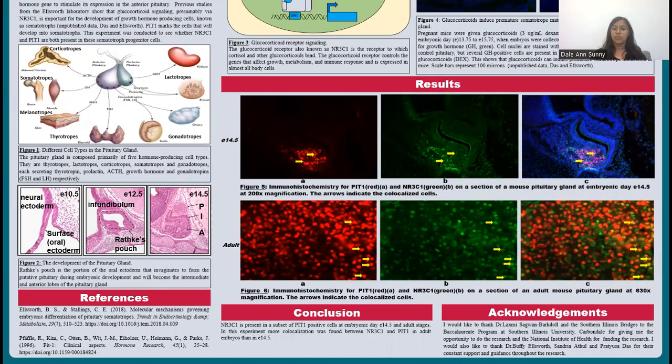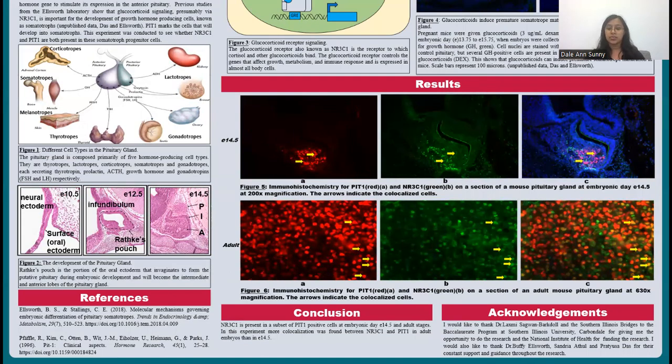We add a lot of chemicals and colors to show if there has been any co-localization of NR3C1 and PIT1 together. In the first picture of E14.5, picture number C, you can see there are 2 arrow marks, which indicate there has been co-localization of NR3C1 and PIT1.